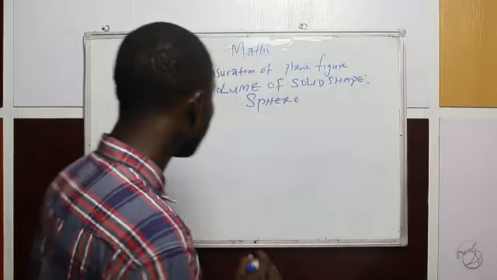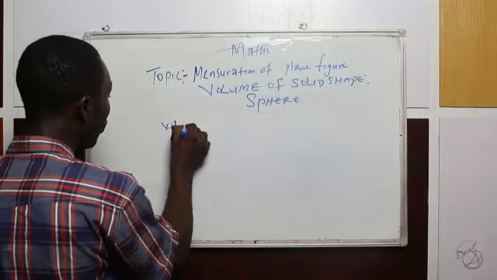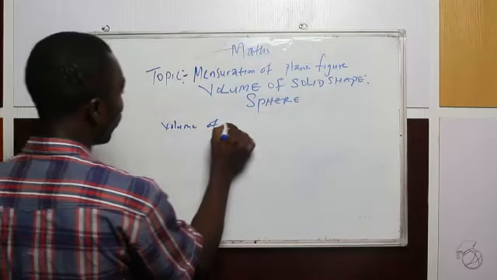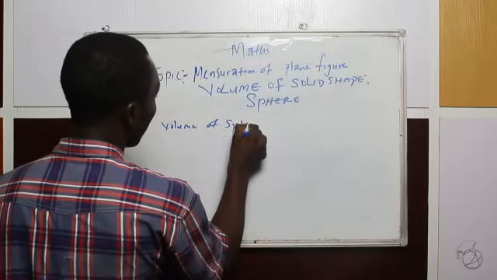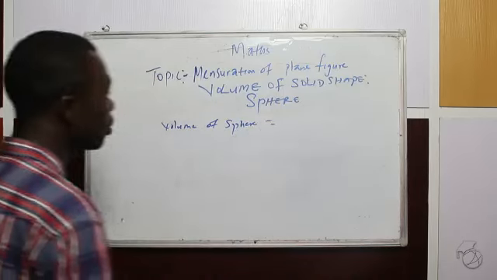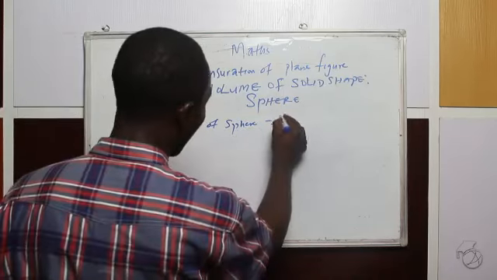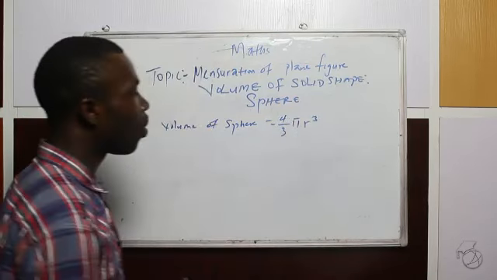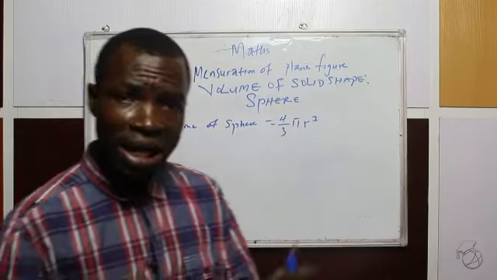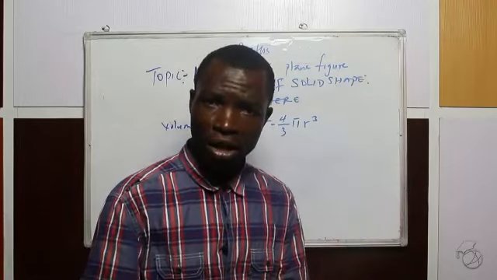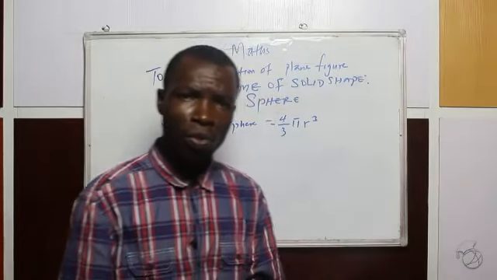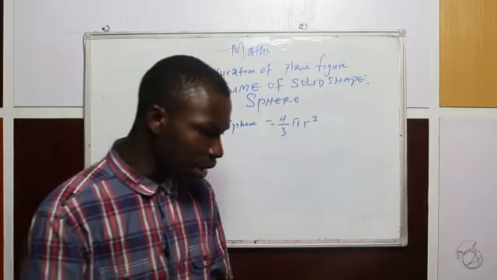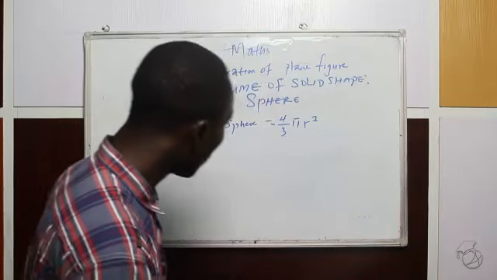There is a formula for it. Volume of a sphere is given to be 4/3 pi r cube. 4/3 pi r cube is the formula for finding the volume of a sphere.